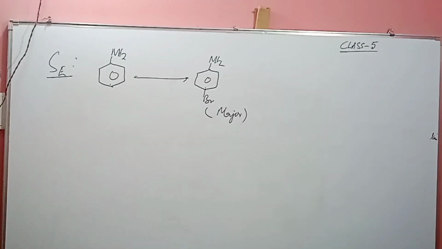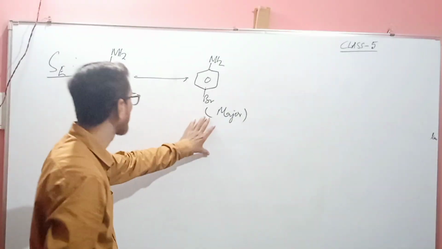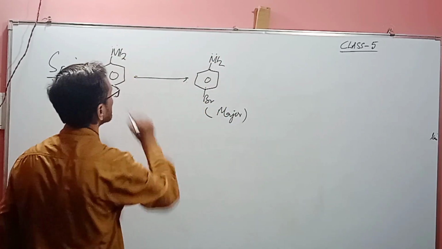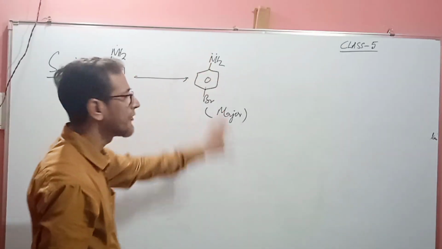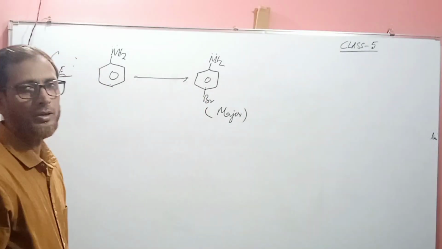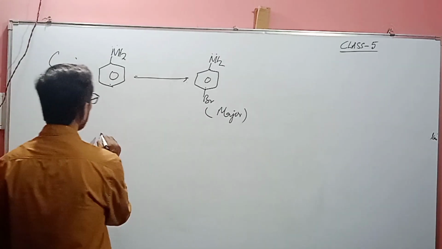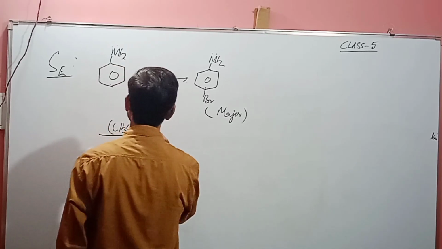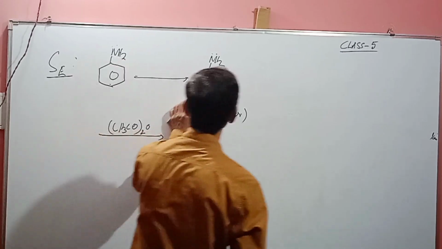You can only do it when the activity of this group is checked. By checking the activity of this group, if we continue the reaction, then we can get the para-bromoaniline compound. So how can you do this? We will first do acylation.